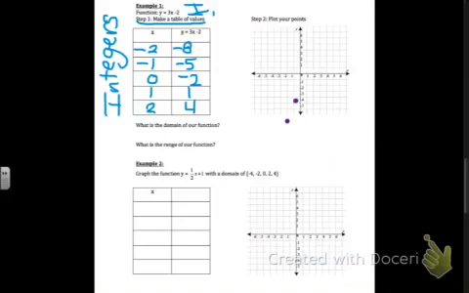So we're going to plot our second point. Be careful when you're plotting your points. And then we've got 0, -2, so 0, and then down 2. And then we've got 1, 1, and 2, 4. If you notice, they kind of form a pattern.